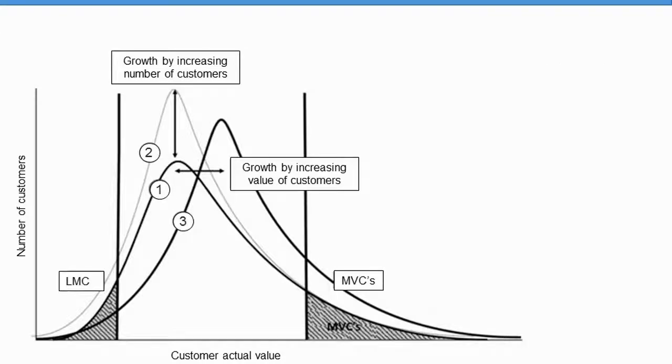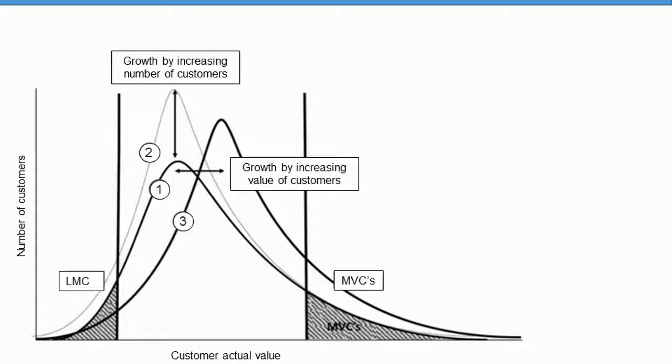Here is a diagram from Martha Rogers that I referred to earlier that I find appealing. What you see are distribution curves, where to the far left is really the unprofitable or less profitable customers. At the far right are the more valuable customers. The vertical axis is the number of customers that the company has.